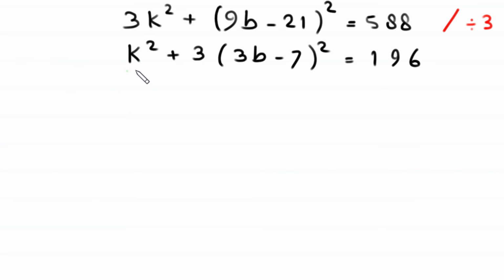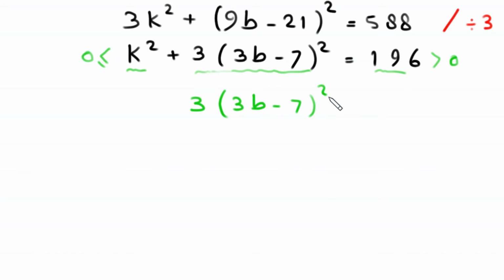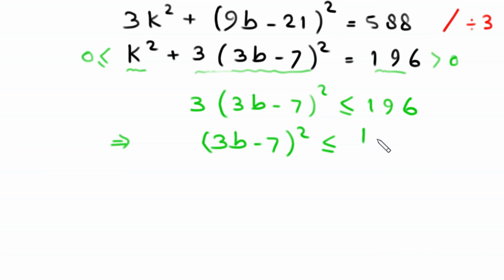Now because this k squared is always greater than or equal to 0, and this 196 is greater than 0, this 3 times 3b minus 7 whole squared must be less than or equal to 196. If we divide both sides by 3, this implies that 3 times b minus 7 whole squared is less than or equal to 196 divided by 3.